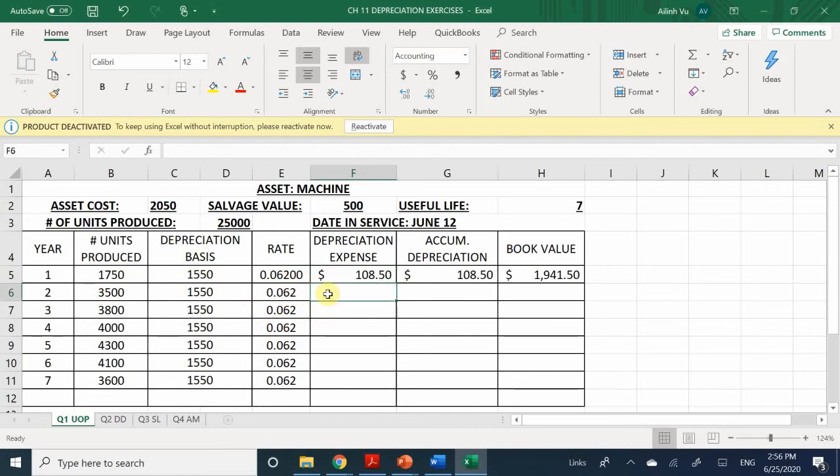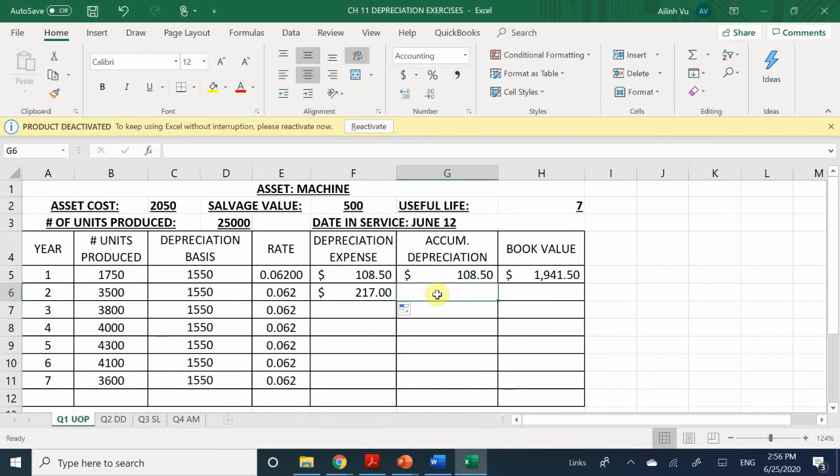Take the units of production times the rate. The 3,500 times the rate. Right. Okay, so 3,500 times 0.062. I get 217. Exactly. Good. Perfect.